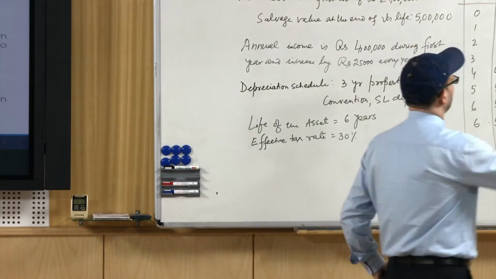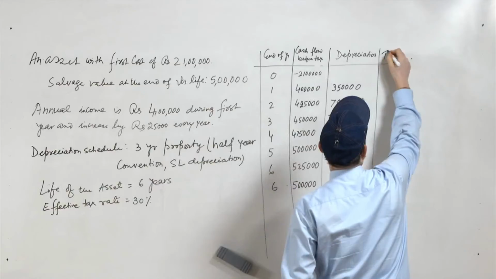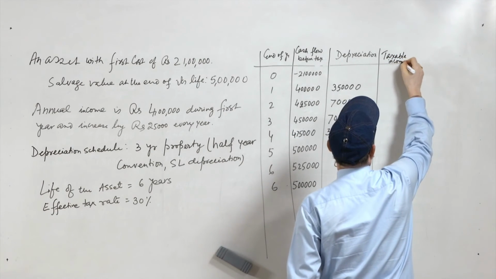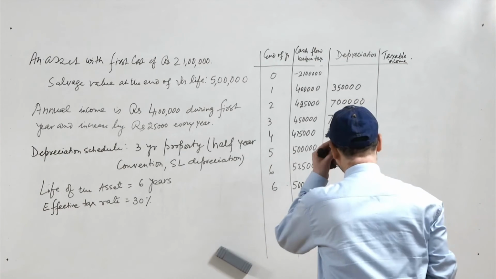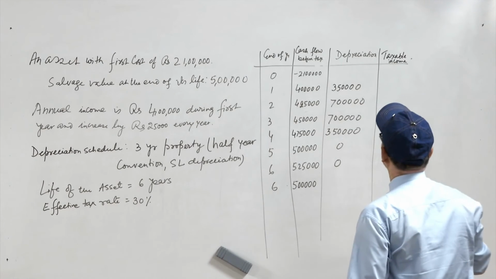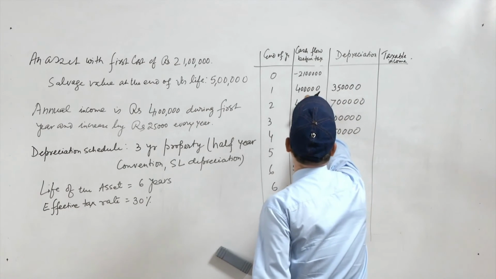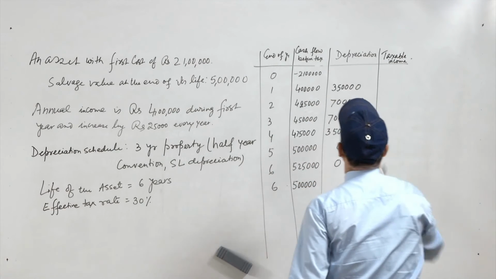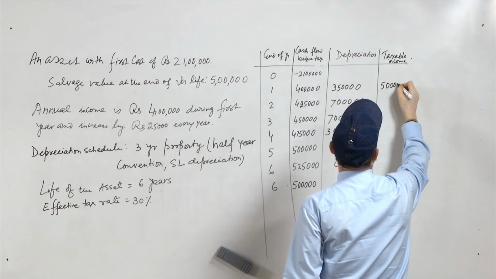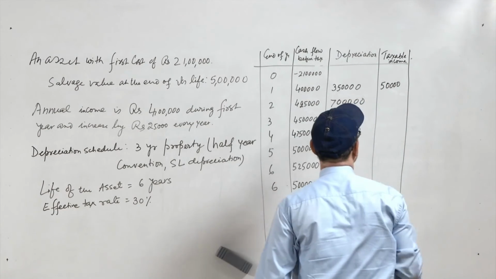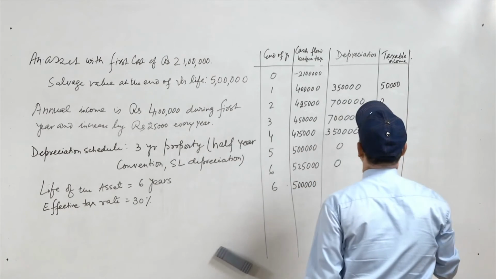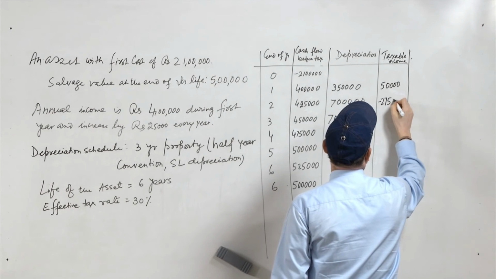So, further you have to calculate the taxable income. In this case, the taxable income will be cash flow minus the depreciation charge. So, it will be 50,000. It will be here minus 2 lakh 75,000.